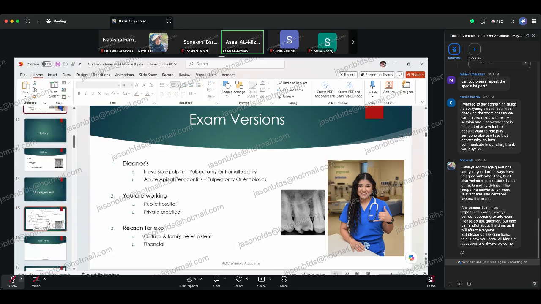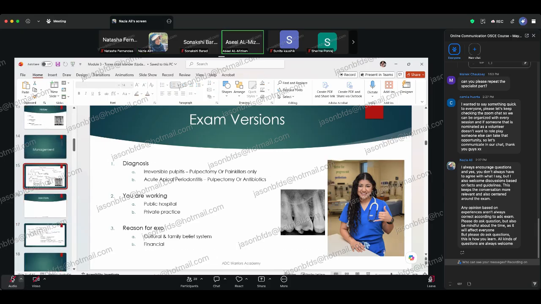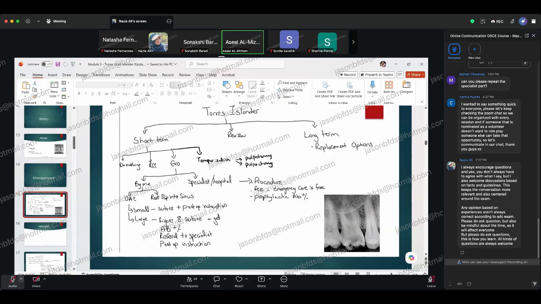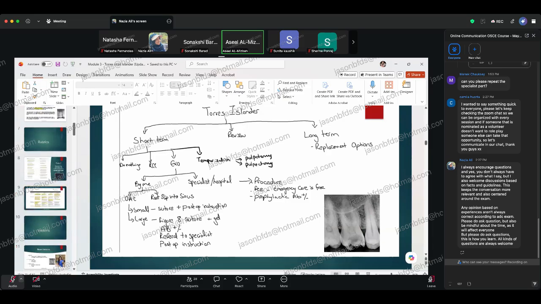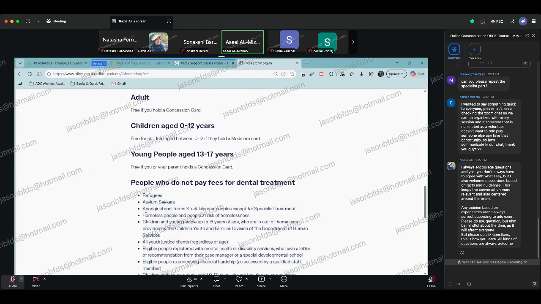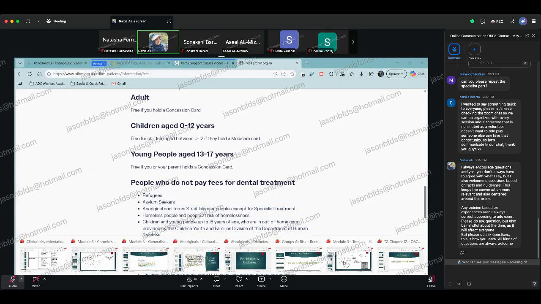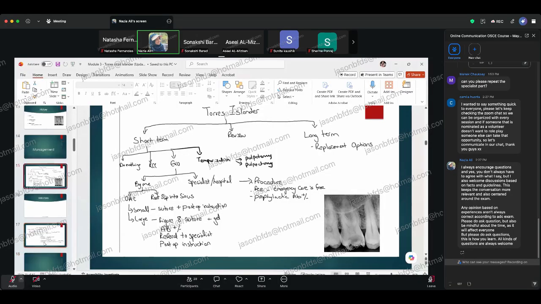Any question? Yes, it's not clear to me yet, when the scenario says you are working in a public hospital, what is the impact of that? It's a good question. The main impact is, in the public system, who's going to be paying?